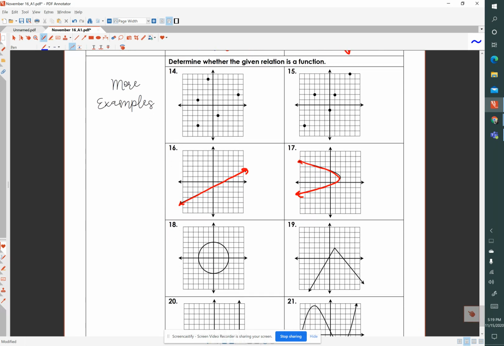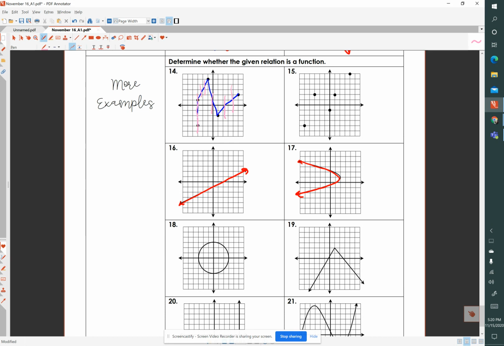Now, let's look at this function. If I were to connect these lines, it would look something like this. So theoretically, I would be okay with the vertical line test at almost any point on this function except right here.